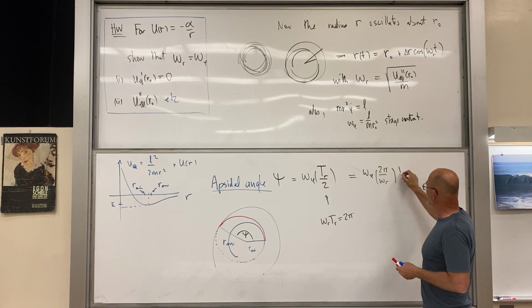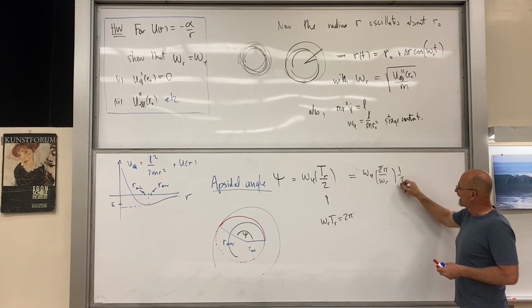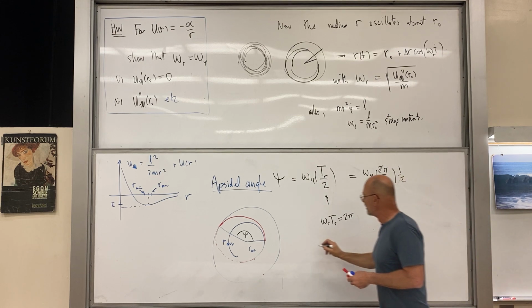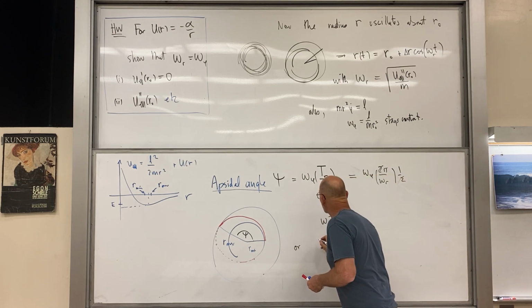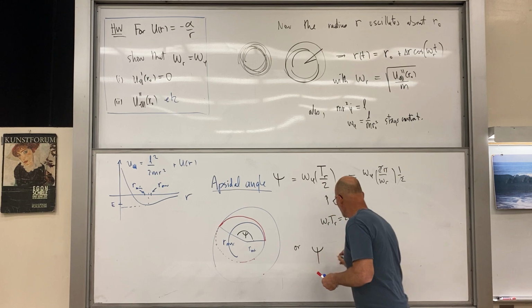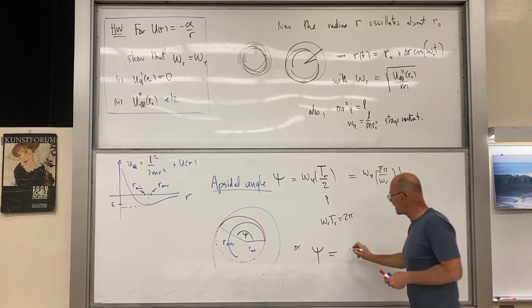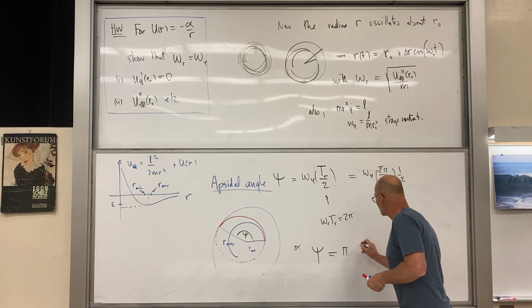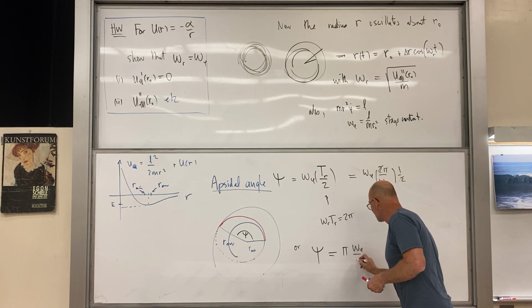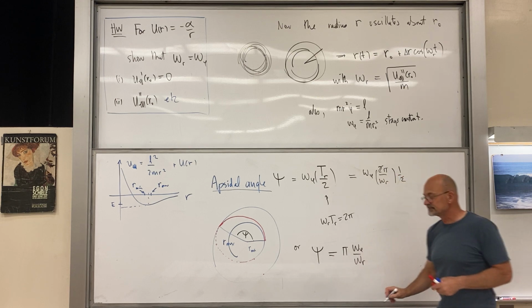And then of course we have that 1/2, so that cancels. This is a more useful version. Well, they're both useful. This is the one we need. So it's pi times omega sub phi over omega sub r.